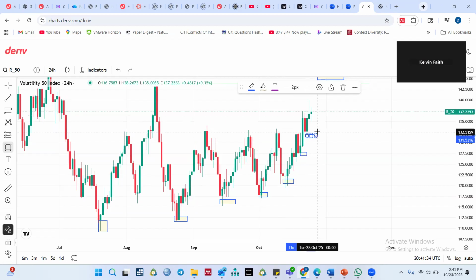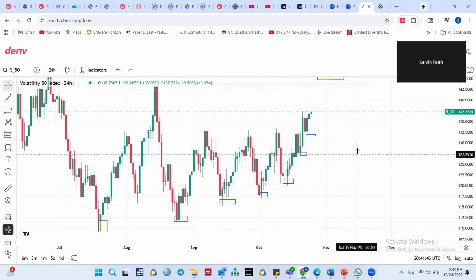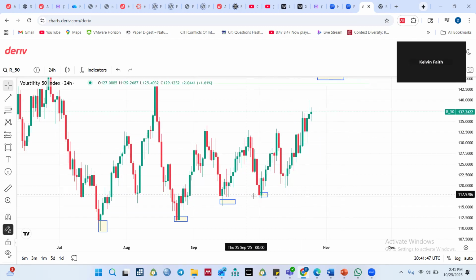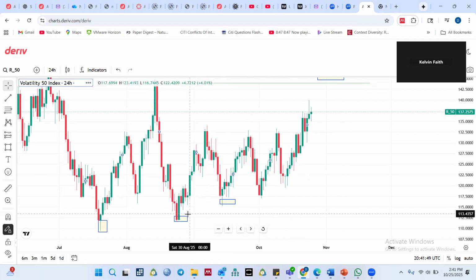So though it's ranging and moving up sideways, it's giving us a sign of an uptrend. Okay, so that alone can also tell us that the market is trying to go higher.